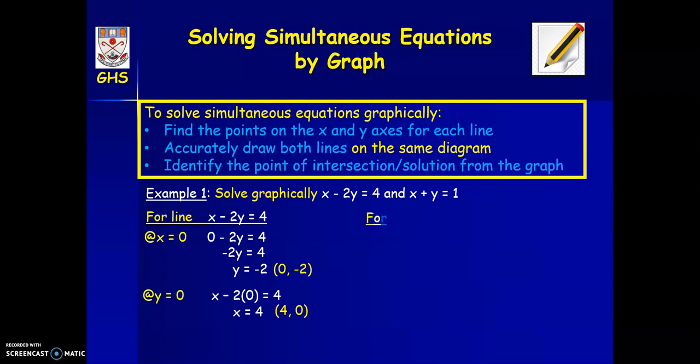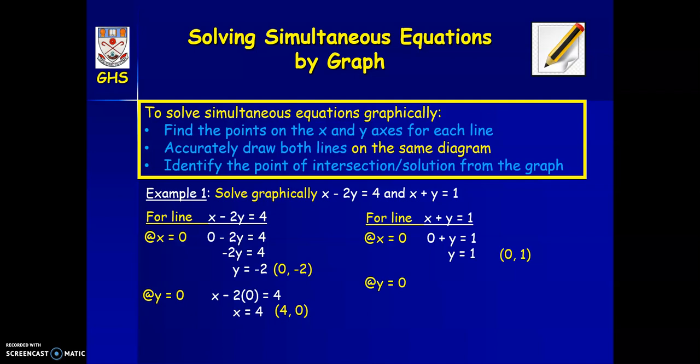We do the same thing for line x plus y equal to 1. So at the point when x equals 0, the equation becomes just 0 plus y equals 1, and this simplifies to y equals 1. So the x coordinate is 0, the y coordinate is 1.